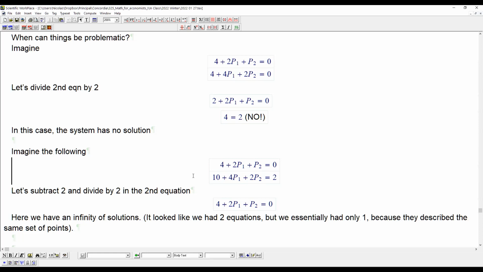Yes, bingo, parallel lines. The problem is the coefficients of P1 and P2. If I express P2 as a function of P1 for here and here, or here and here, then I would get the same slope. If I have different slopes, then since they are straight lines, they have to intersect at some point, because they're just going to cross. If they have the same slopes, then they are parallel lines.